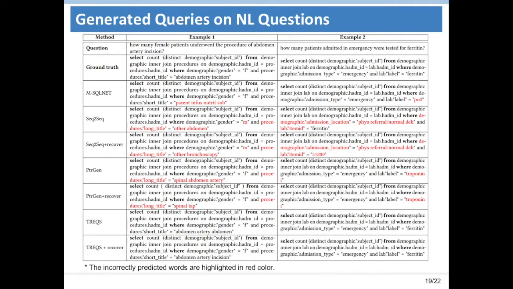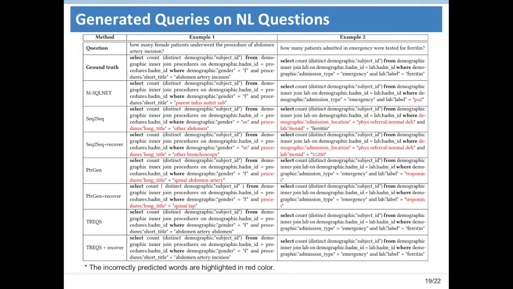Here we show the generated SQL queries by different models onto two natural language questions. The incorrectly predicted words are highlighted in red color. For both examples, different methods have given correct answers for the SQL template, table name, and aggregation columns.